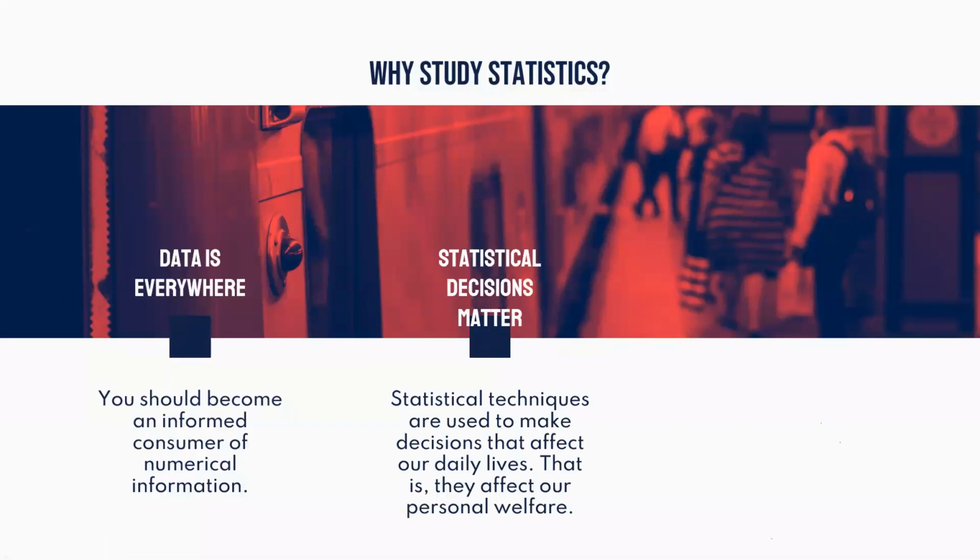Statistical decisions matter. Statistical techniques are used to make decisions that affect our daily lives, as they affect our personal welfare. Here's an example. I can't speak for everybody, but I'm chomping at the bit to get my vaccine.